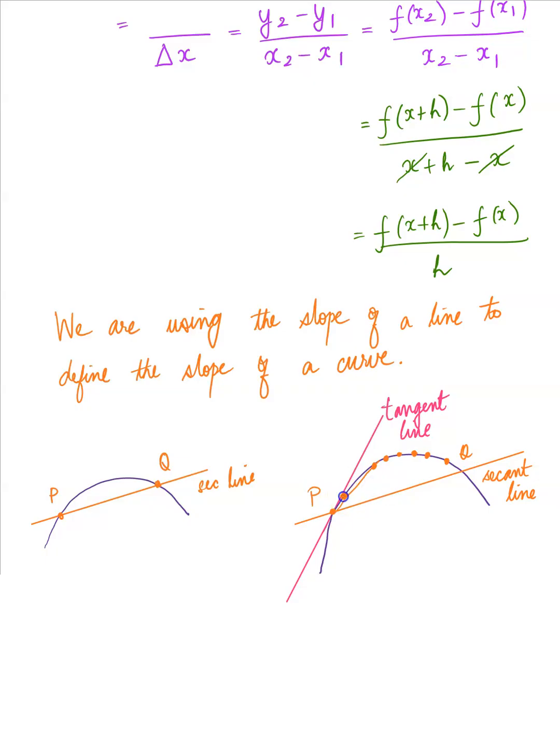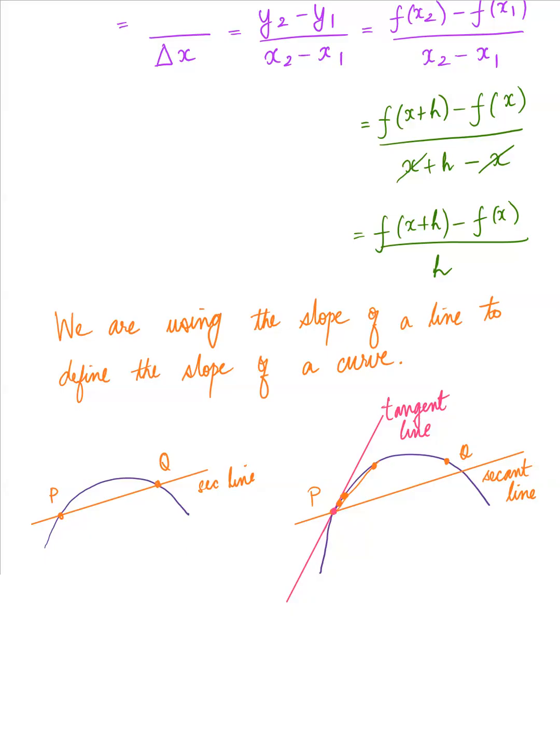So you've come this close, and then you're moving it closer and closer to a point where you almost imagine that this Q got so close that it coincided with the P. So the P and the Q are so infinitesimally close to each other that it's as if your Q coincided with the P. And that is the idea of limits. You're moving it so close to get from a secant line into a tangent line.